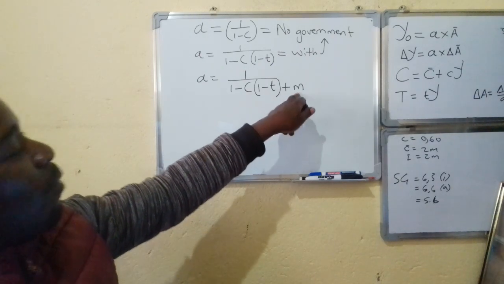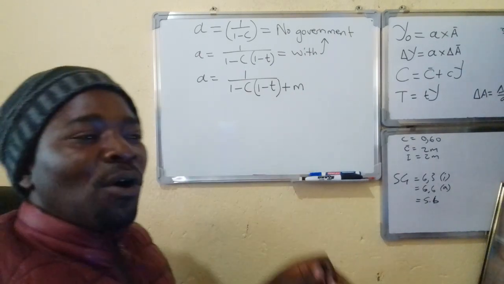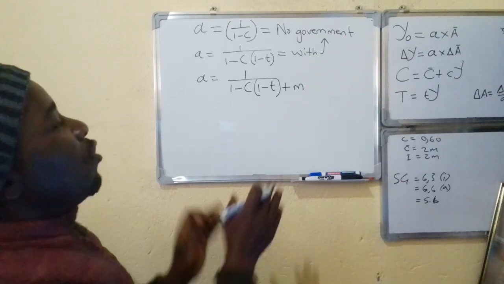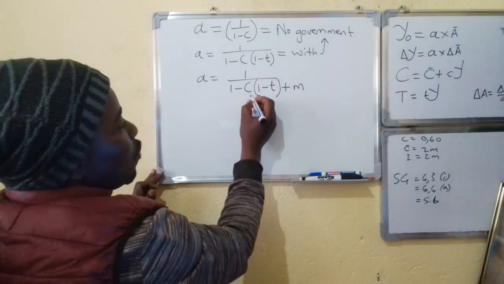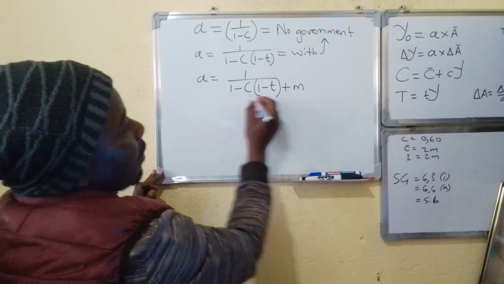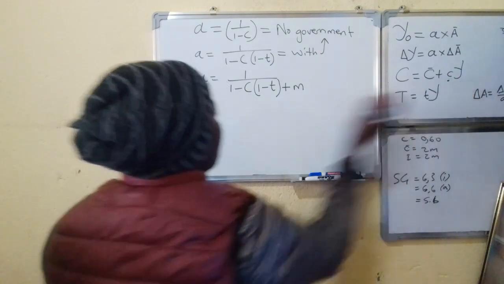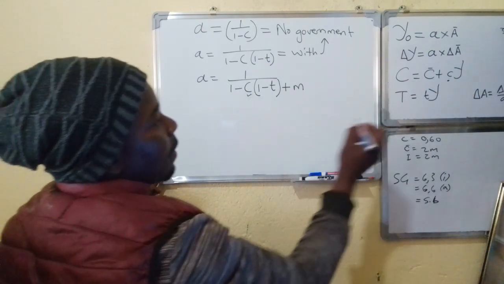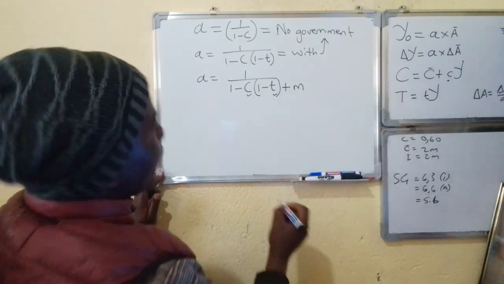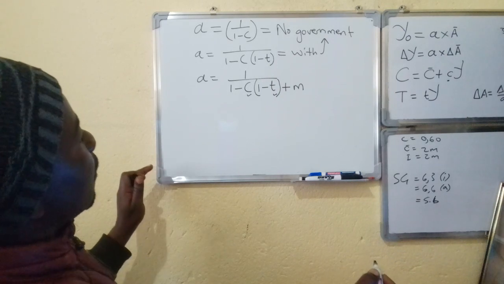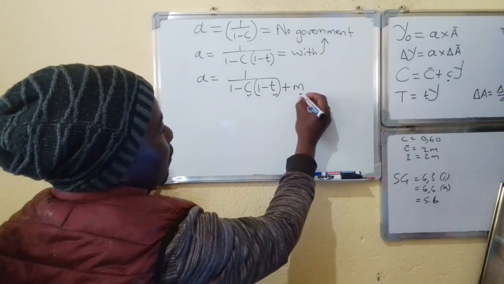This is the portion of the imports that is induced. If you notice in the multiplier, you have things that are induced, that are not autonomous. That's that little c. Here it is. And then that T, here it is. And then on the foreign sector, this represents imports.